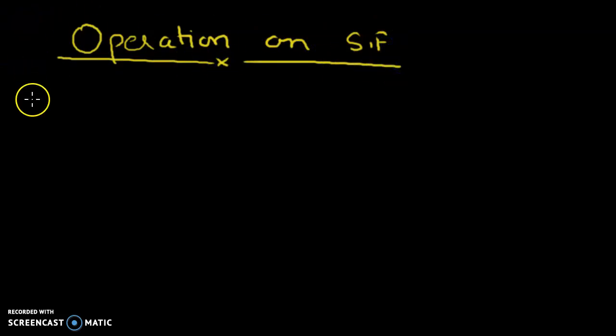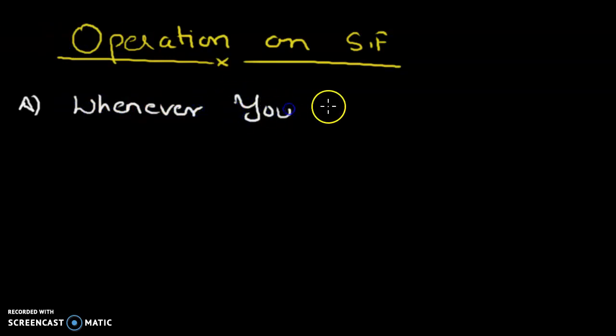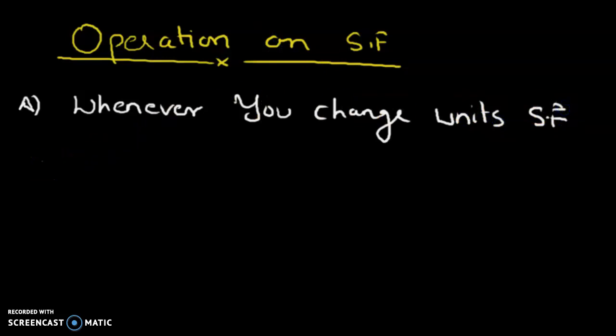So the first operation is, whenever you change the unit, the number of significant figures remains the same.